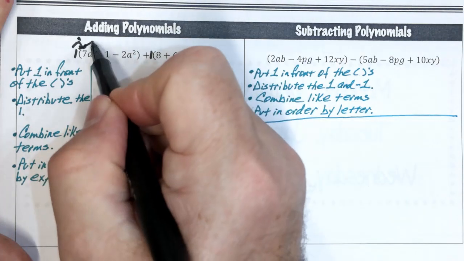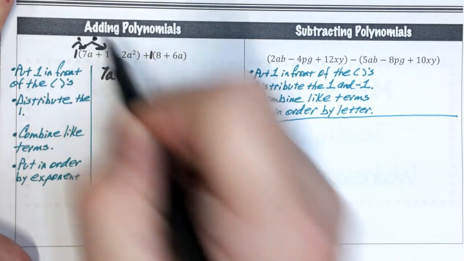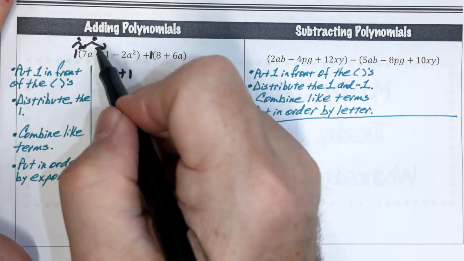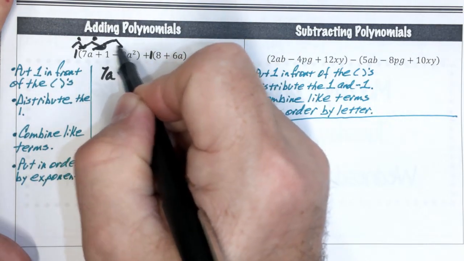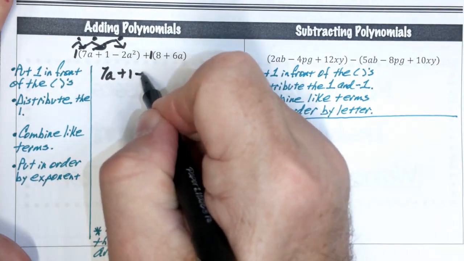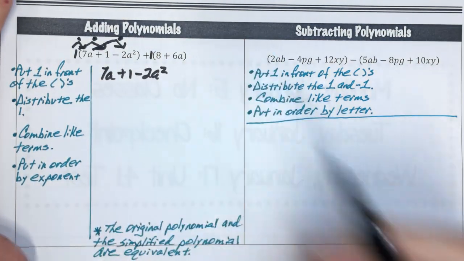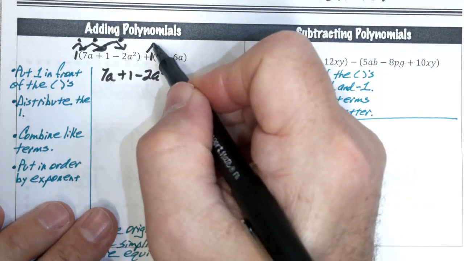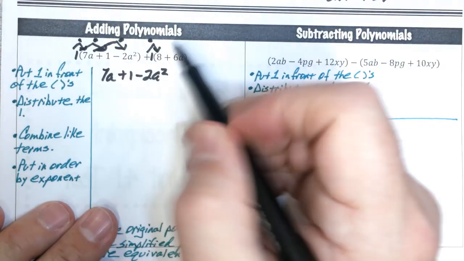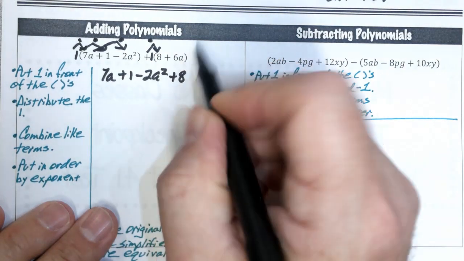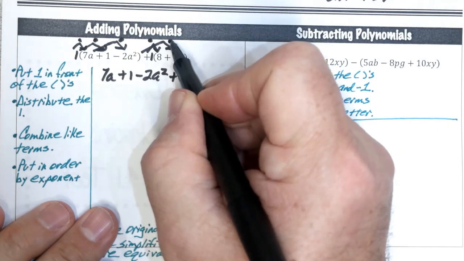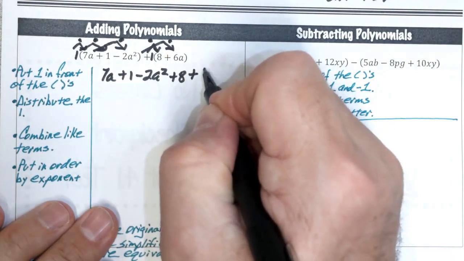Then 1 times 1 gives me plus 1. Then 1 times minus 2a gives minus 2a squared. We're distributing these 1s. So 1 times 8 is plus 8, and 1 times 6a is plus 6a.